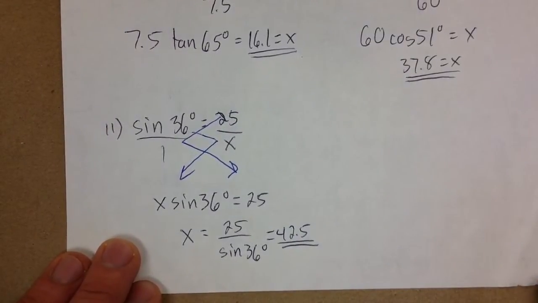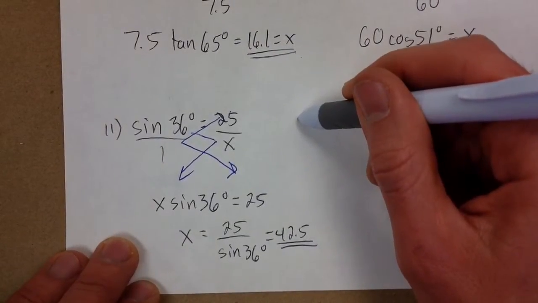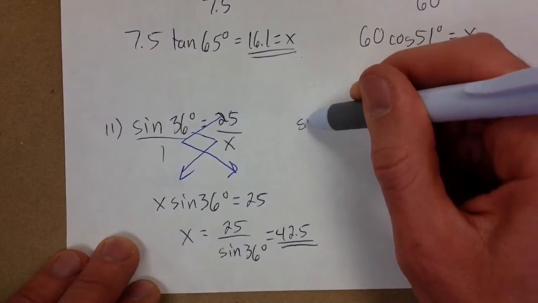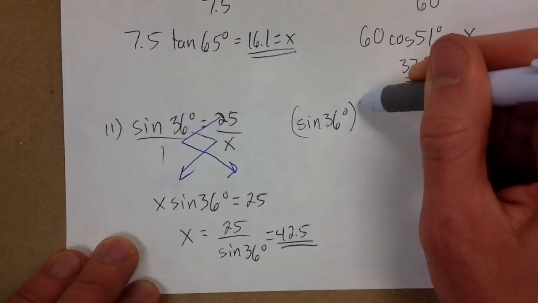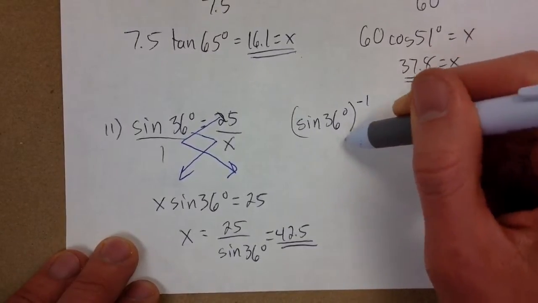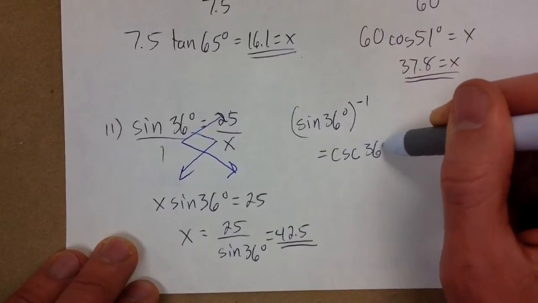Yes? If you want to do it easier, can you just do the reciprocal of sine 36 times 25? Let's investigate that. 1 divided by sine 36 equals x over 25. This equals the cosecant of 36.